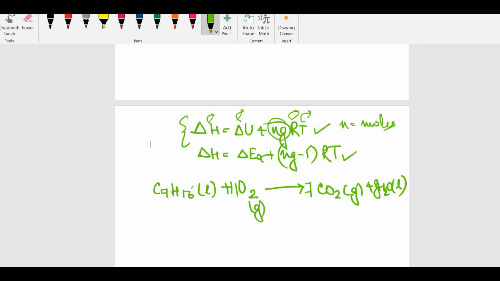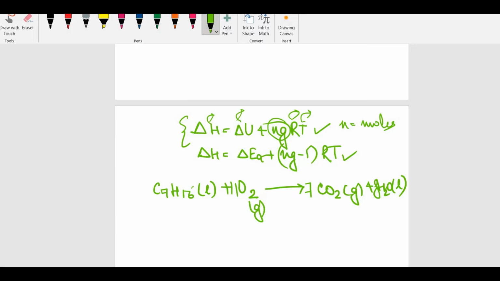Now, why the G? We have to calculate the change in the gaseous number of moles from the reactant to the product. Clear?